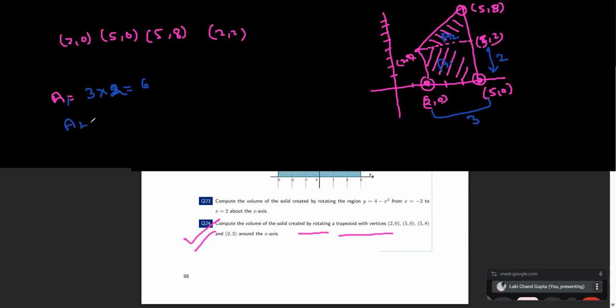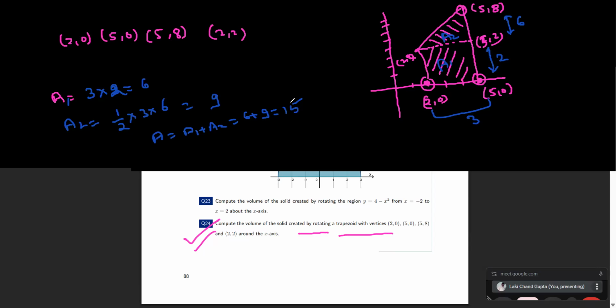And area of A2 is, this is a triangle. Area of a triangle is half into base, base 3, into height. Height is 6. Why 6? From 2 to 8 is 6, right? So total area is 15.